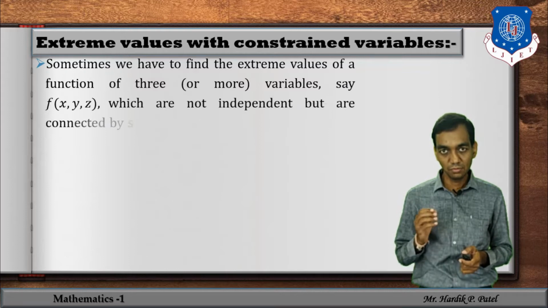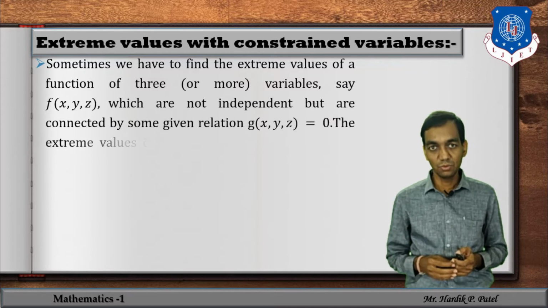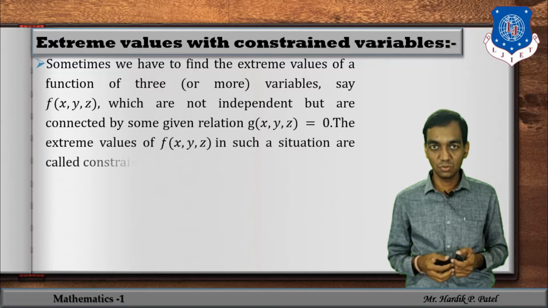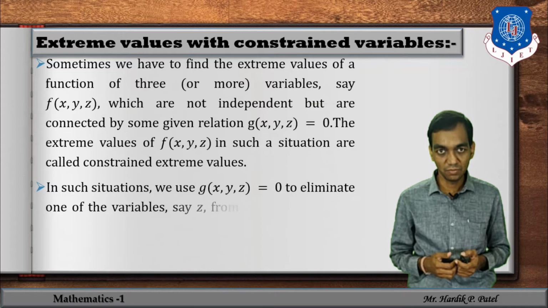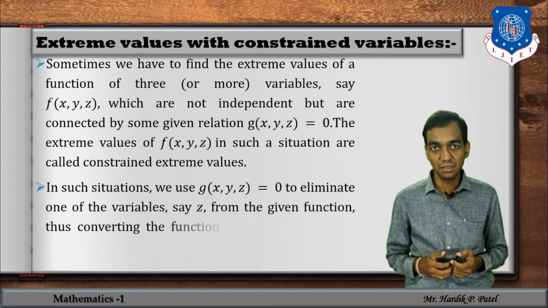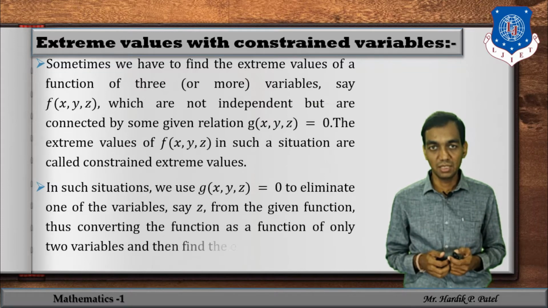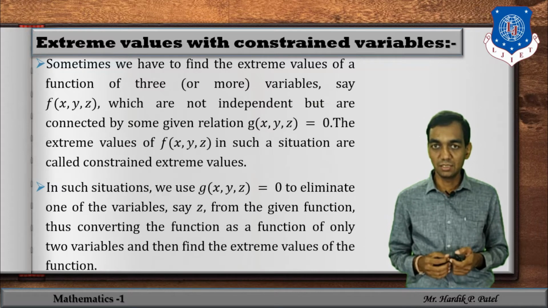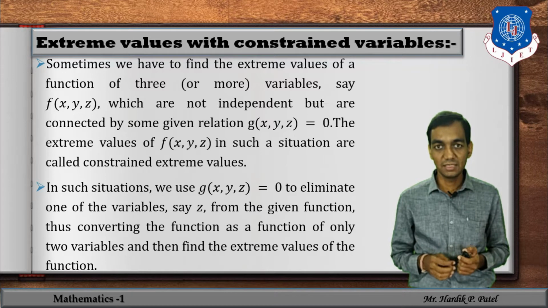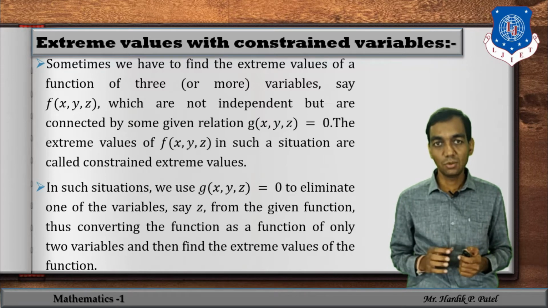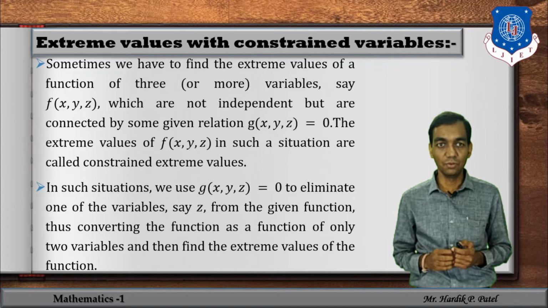Sometimes we have to find the extreme value of a function of more than two variables, or three variables, say f of x, y, z, subject to the constraint g of x, y, z equal to 0. The extreme value of f of x, y, z in such a situation is called a constrained extreme value.